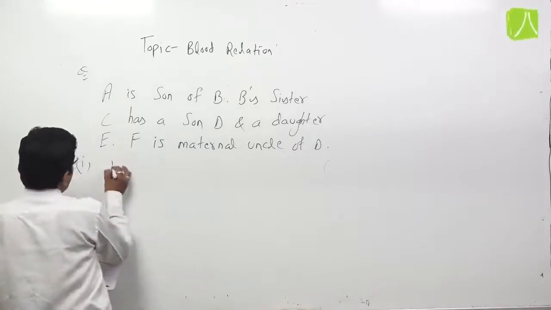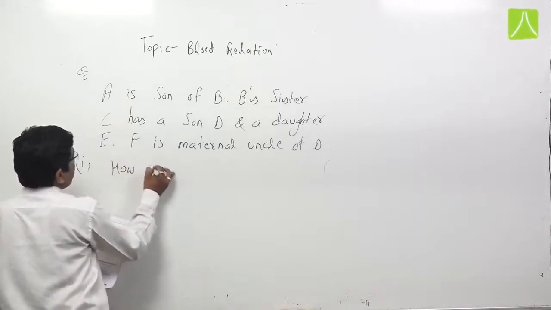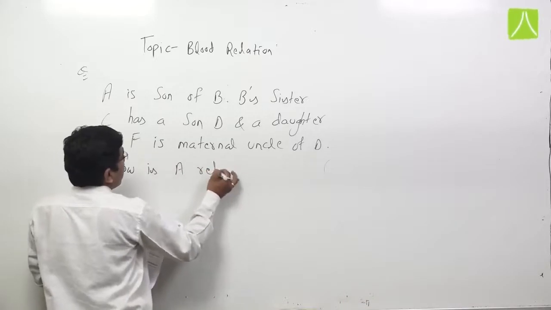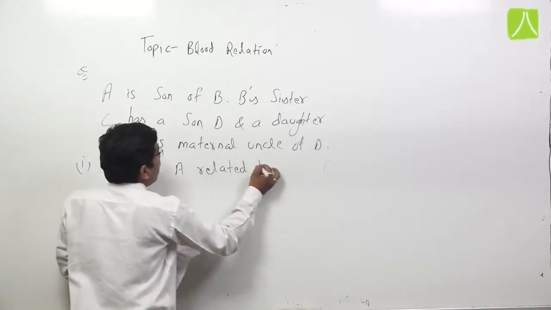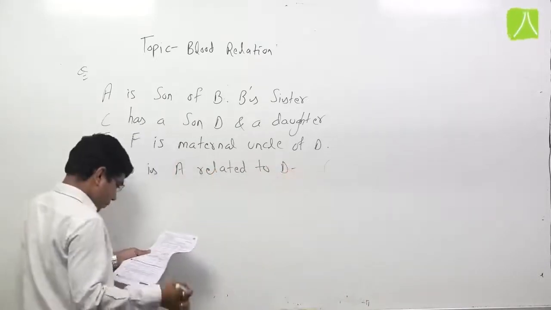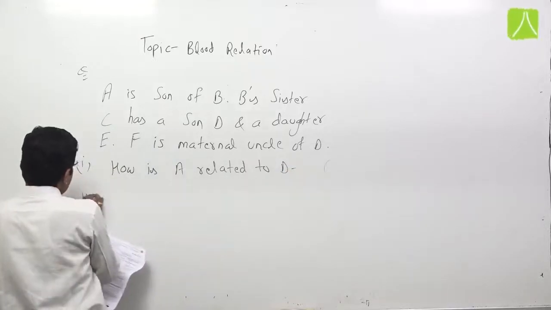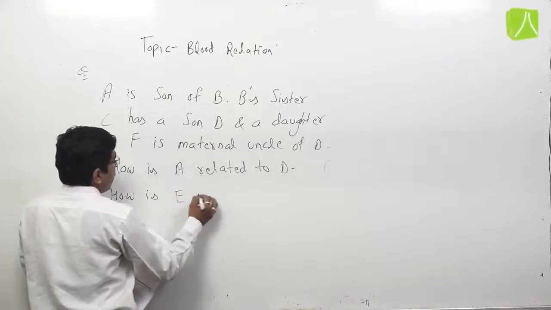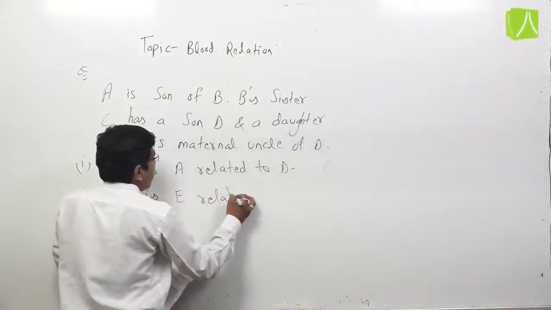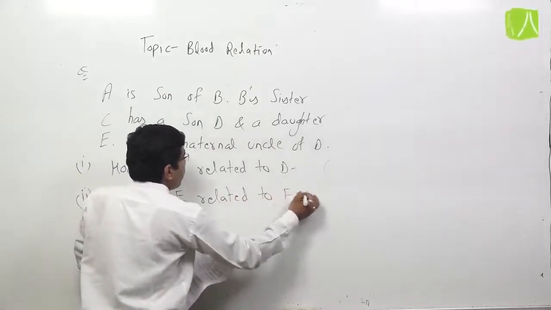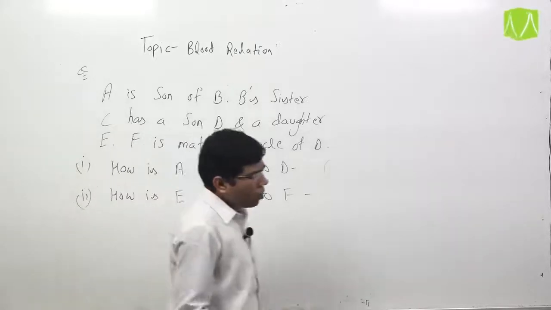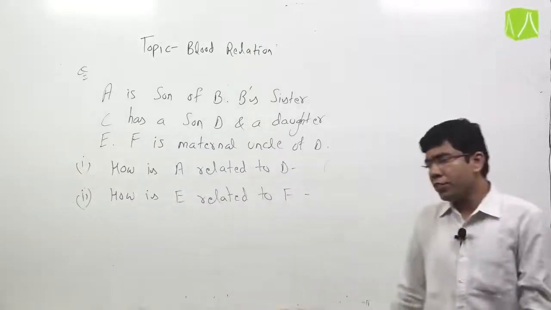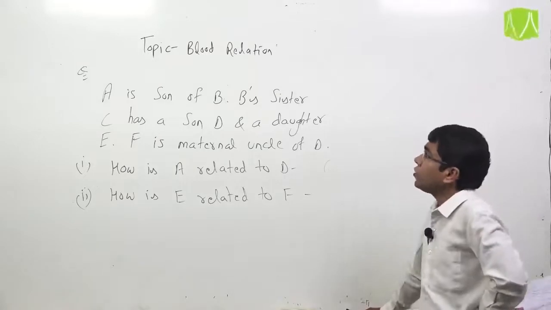First question, how is A related to D? And second question, how is E related to F? Now according to this condition, we have to draw the family tree.